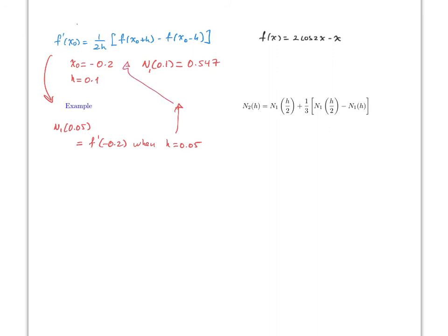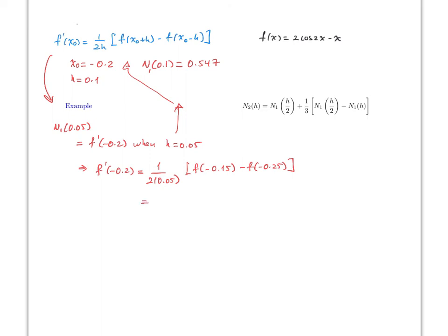So therefore this implies f prime of minus 0.2 will be 1 over 2 times 0.05 times f of minus 0.15 minus f of minus 0.25.